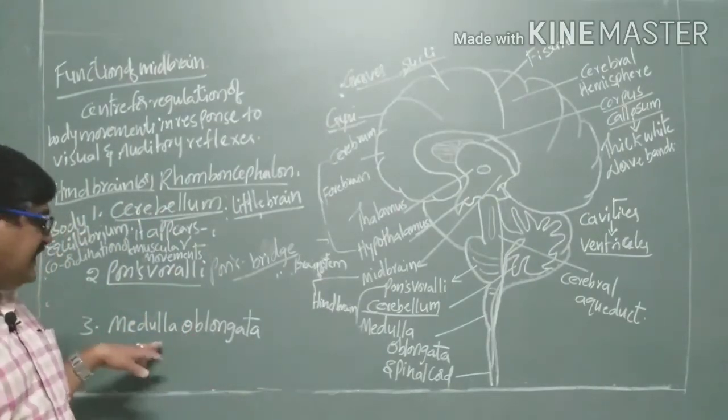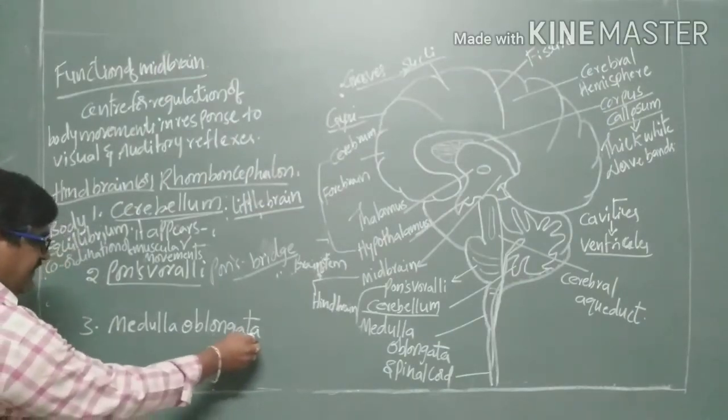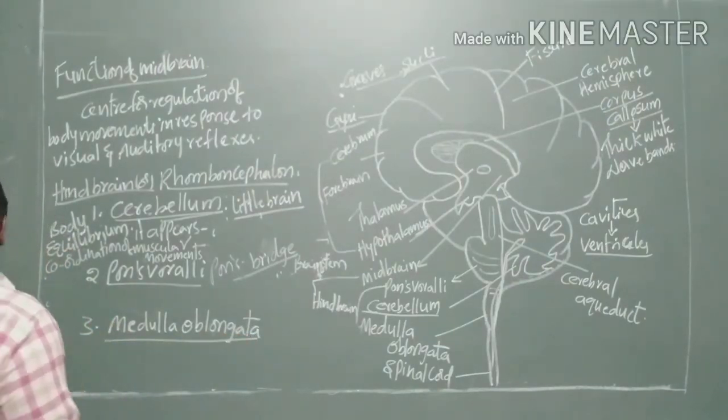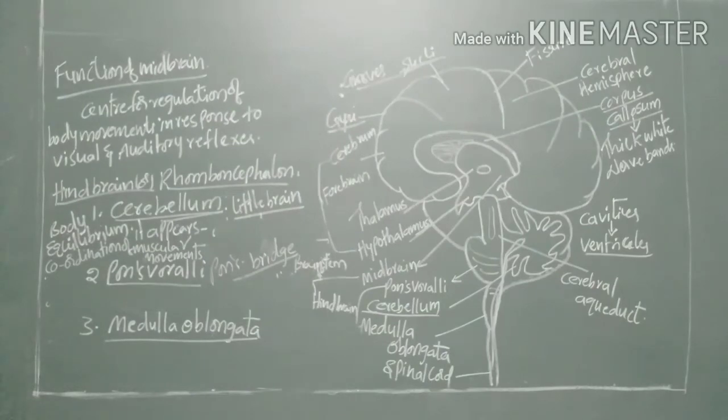And the last one is the medulla oblongata. It is the last, lower part of the brain. It connects to the spinal cord.